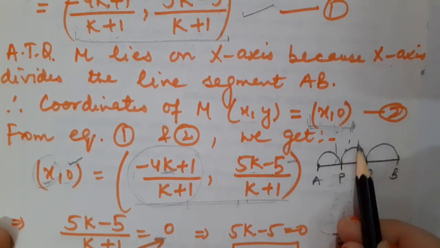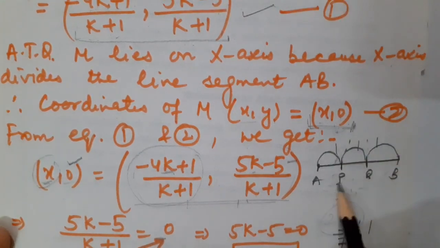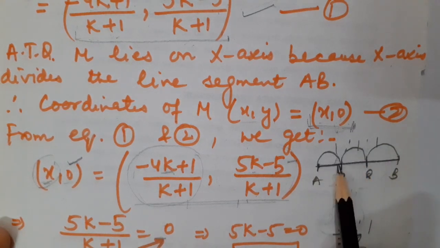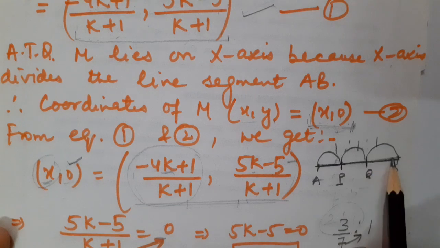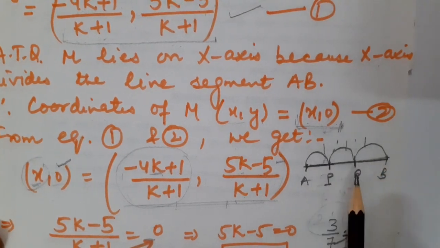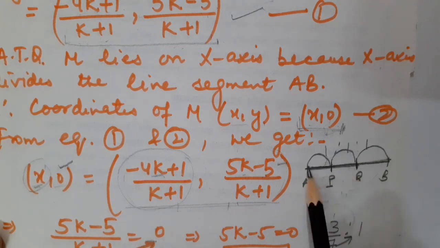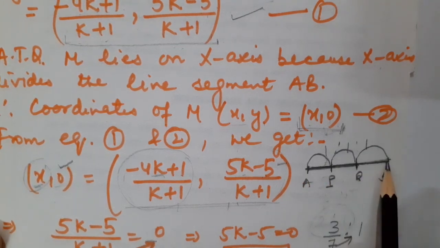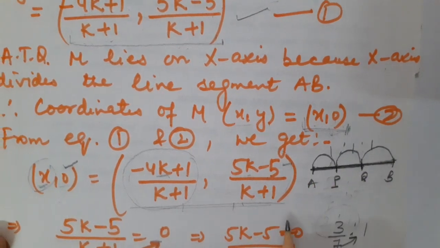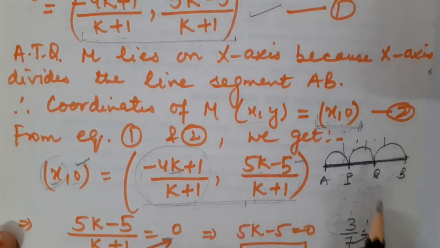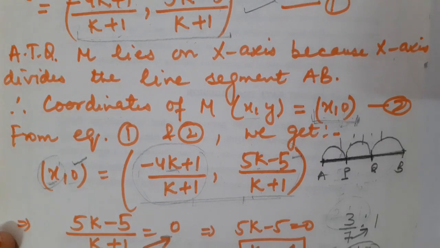Suppose I have to calculate the coordinates of point P. So P is going to divide AB in the ratio 1 ratio 2. And if I have to calculate the coordinates of point Q, it is going to divide AB in the ratio 2 ratio 1. Fine. Or I told you that we could apply the concept of midpoint also. Fine, students.